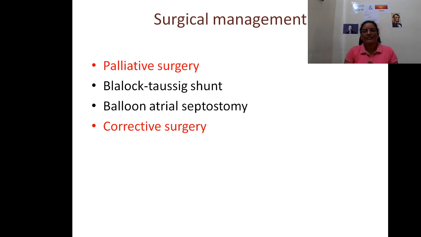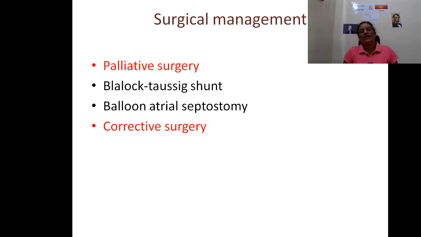And balloon atrial septostomy is performed when the Blalock-Taussig shunt fails, to ensure interatrial communication, because the right atrium does not have another outlet for the blood without the interatrial communication.